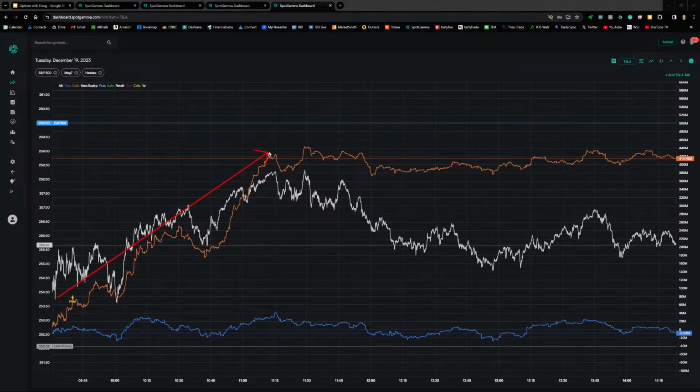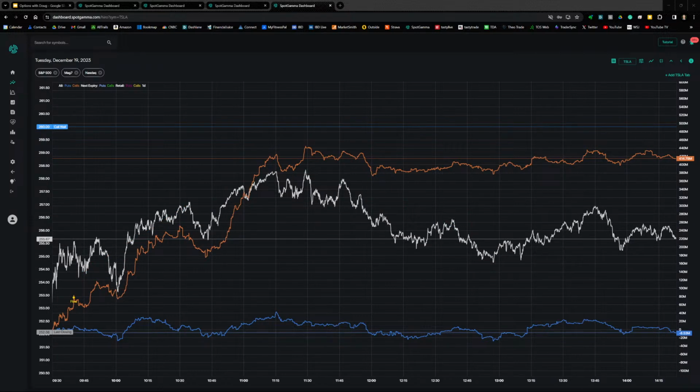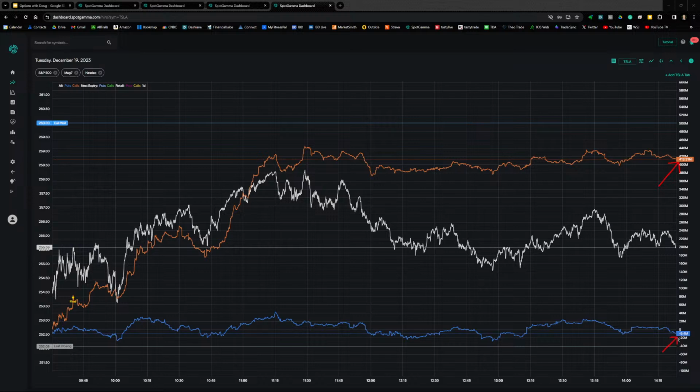Aggressive call buyers in the morning take their foot off the gas, and then price either consolidates or starts to move lower. Note the large notional value for calls, 414 million positive. They are buying puts, but a much smaller number, minus 9.4 million.